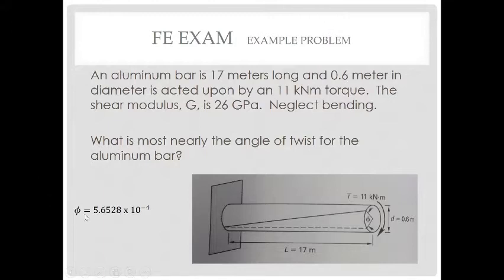But you're going to have an answer that phi is equal to, I have 5.6528 times 10 to the minus 4. But it should be a small number because it's going to be in radians. So if you don't have a small number, then you need to go back and recheck that, right?